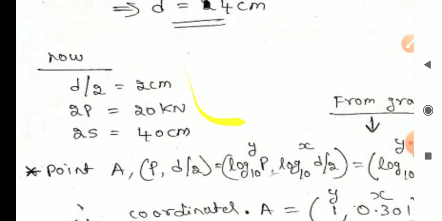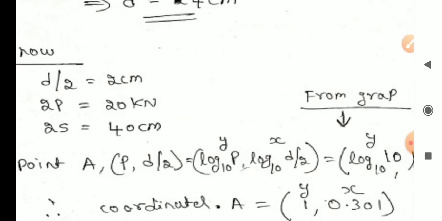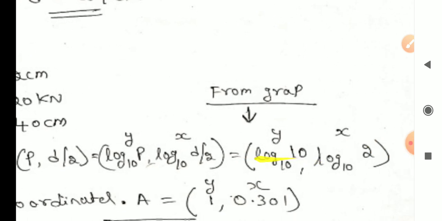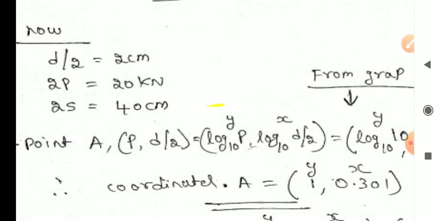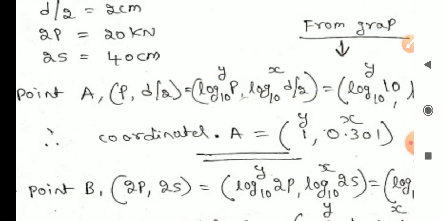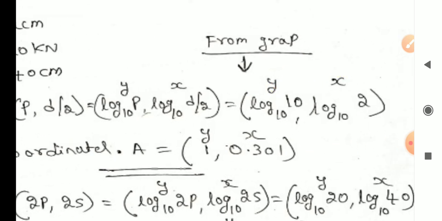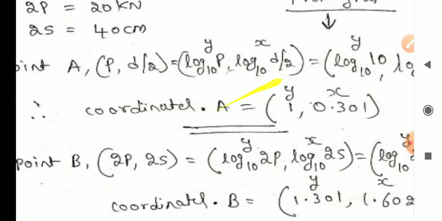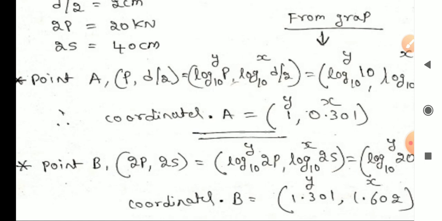You know the value of p, right? P is 10. And D is 2 centimeter, so 2 by 2 is 2. Similarly, the coordinates of point A are 1 comma 0.301. On what basis we get this, I will tell you later.